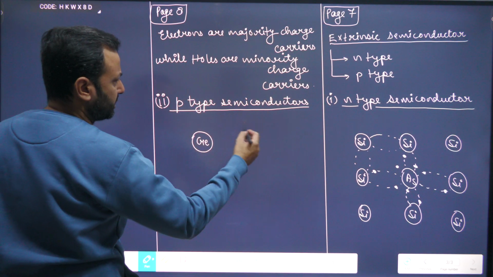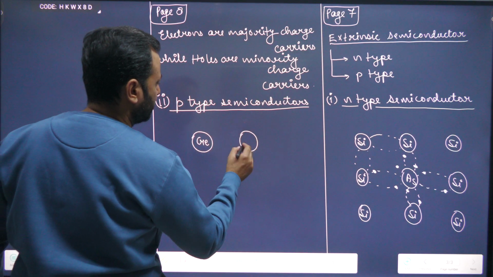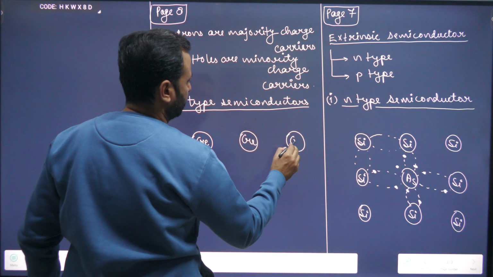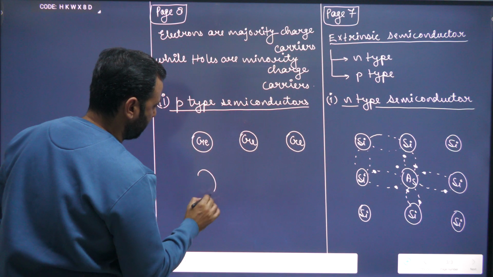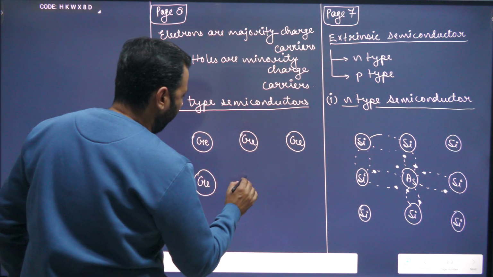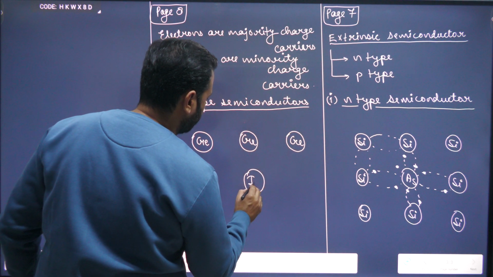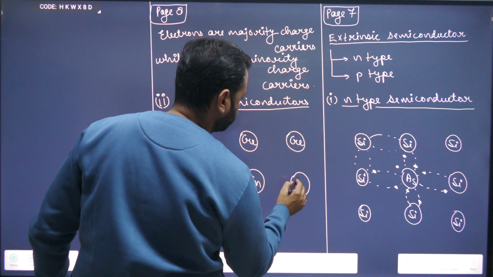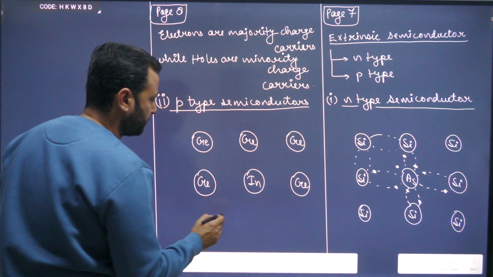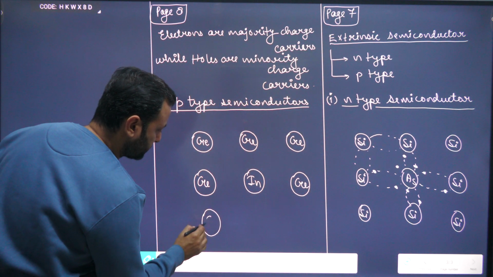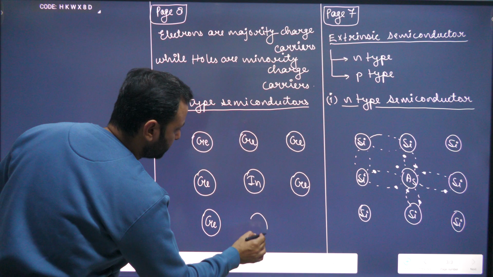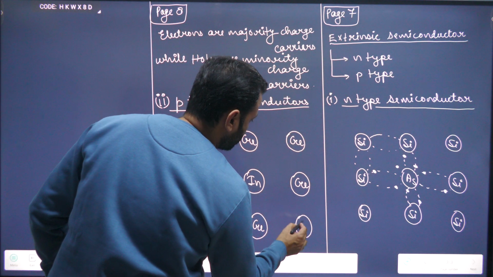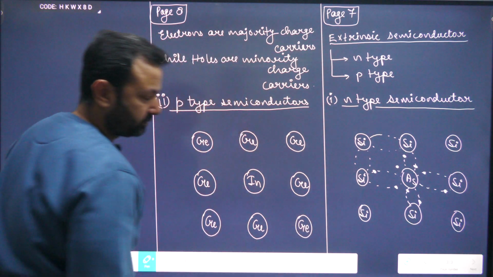Now let's make a germanium crystal lattice. We can do it with silicon also, but let's do it with germanium. The trivalent impurity atom is indium. Trivalent means an atom which has a valency of 3, with 3 valence electrons in its outermost shell.